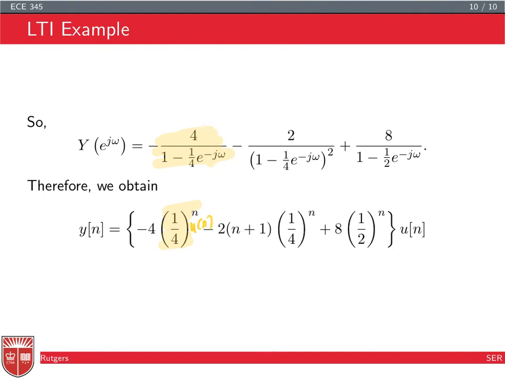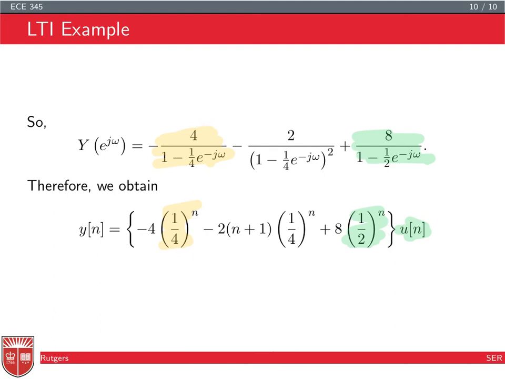This is u[n] here. And this term in green is similar. Actually, there's u[n] outside, so I don't need this one here. I didn't notice that the u[n] is outside.